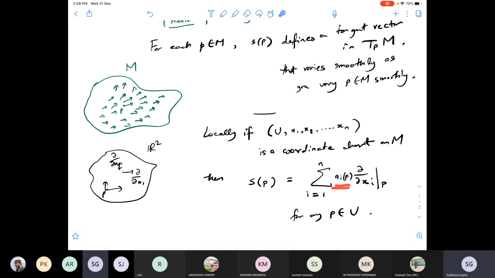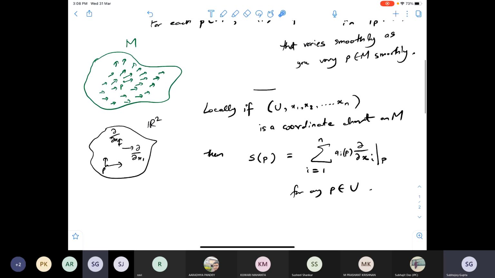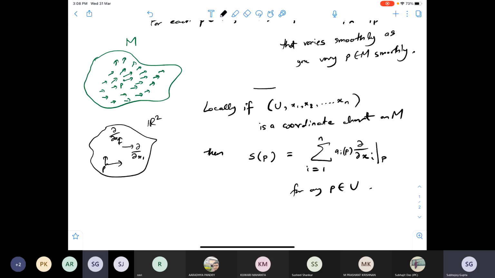These are specifying the tangent vectors at every point. Let me just write that down: each of these a_1, a_2 to a_n are smooth functions defined on U.